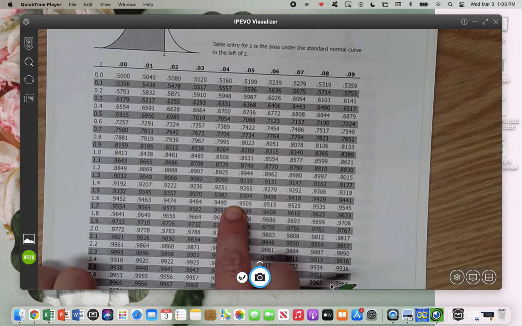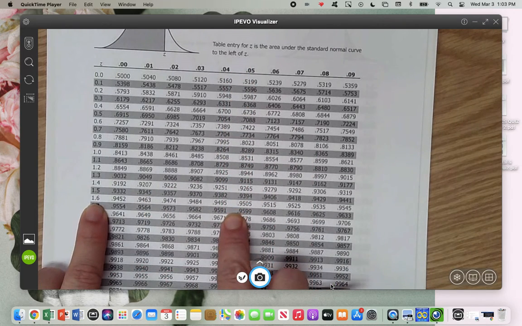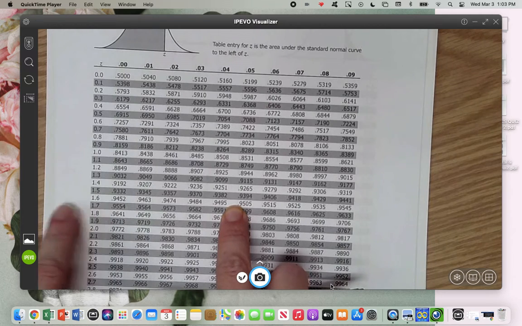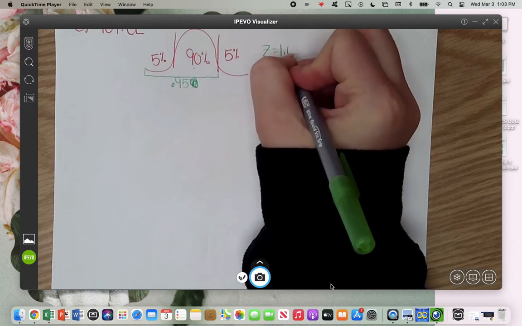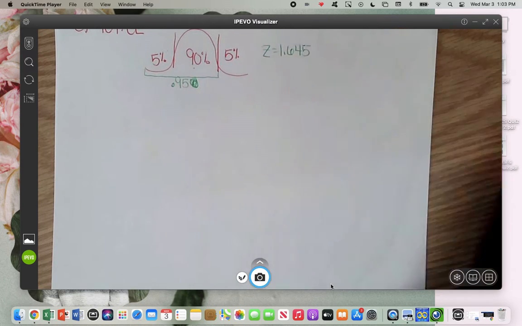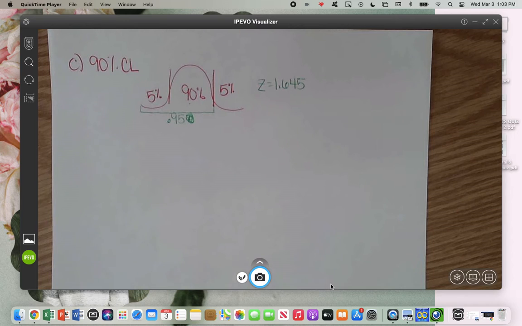They are the exact same distance apart. So we are going 1.6, and then we're in between 1.64 and 1.65. So we are going to go with 1.645. 1.645 would be the z-score there.